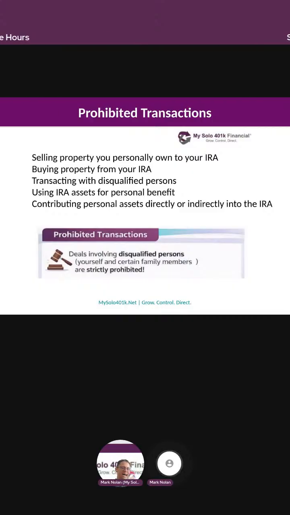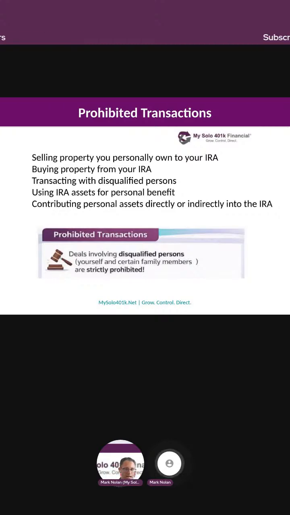You also cannot contribute property that you personally own or any of the disqualified parties own. So a self-directed IRA cannot purchase or receive property you already own. Examples of prohibited transactions include selling your personal rental property to your self-directed IRA.